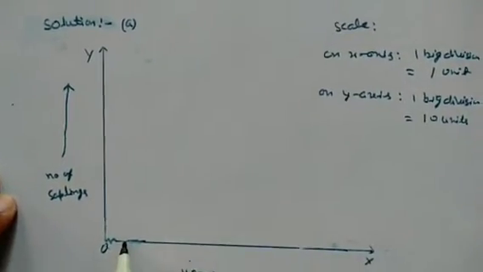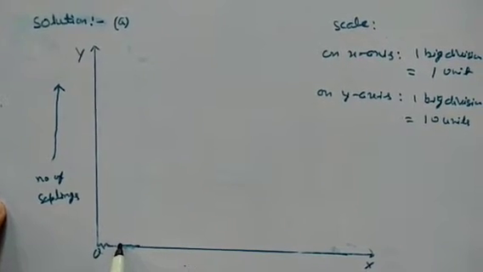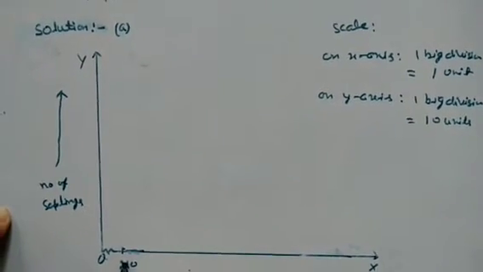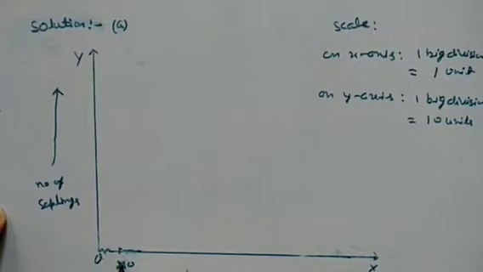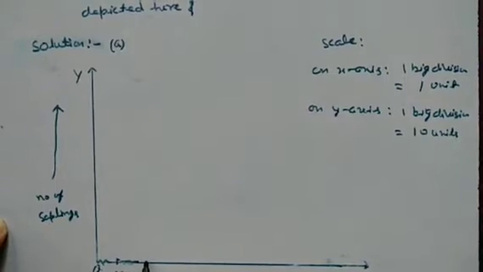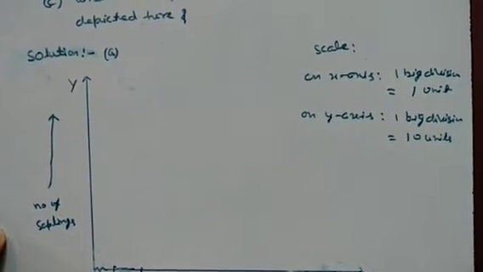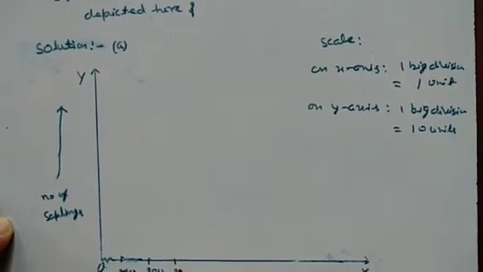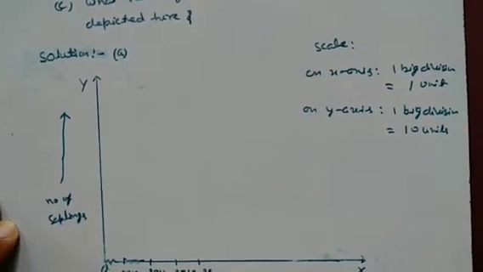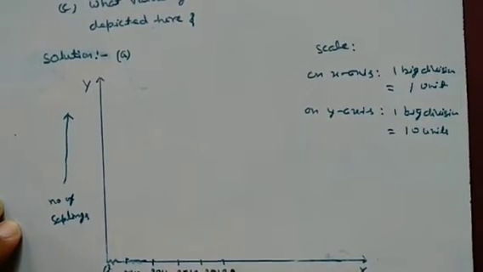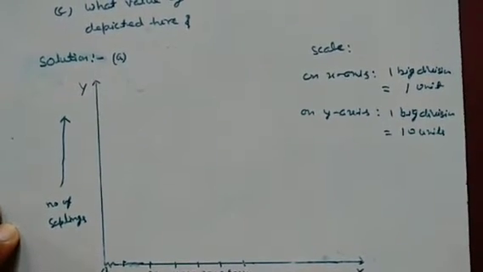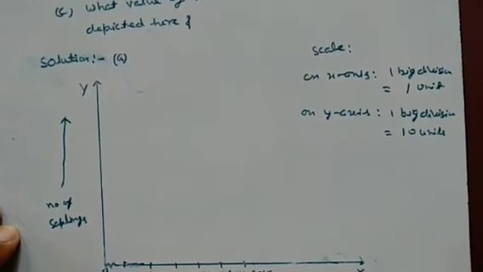Thus here the years will be 2010, 2011, 2012, 2013, 2014 and 2015, like this.